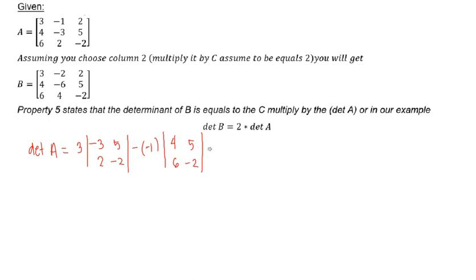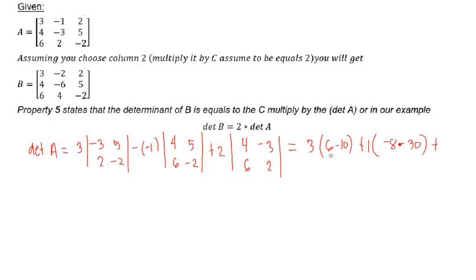And lastly, plus 2, we have leftover 4, 6, and negative 3, 2. So, yung value natin dito is, we have 3 times positive 6 minus 10. So, 6 minus 10 plus 1 times, that is negative 8. So, yung product ng upward, that is minus 30.